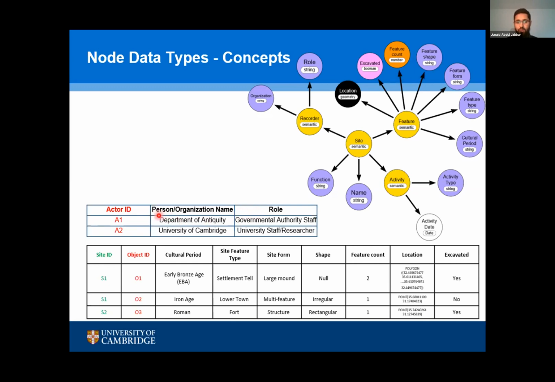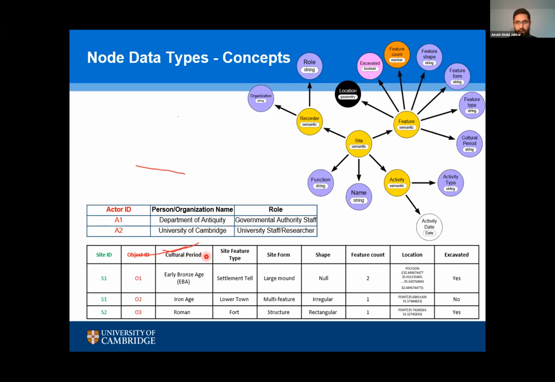In case of a person, the roles could be government authority staff or university staff, or a surveyor, an engineer, or any other standardized term that we think is useful for our controlled data management.